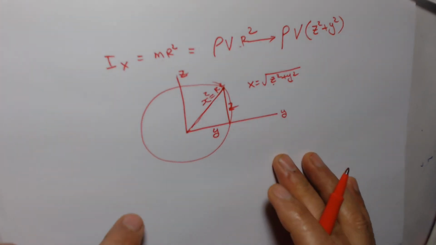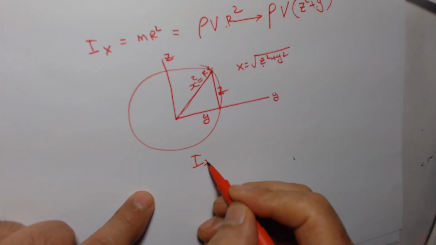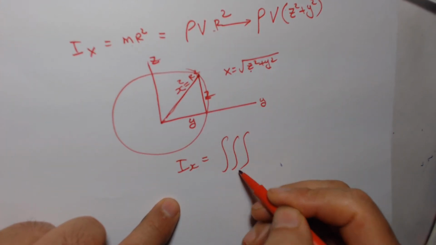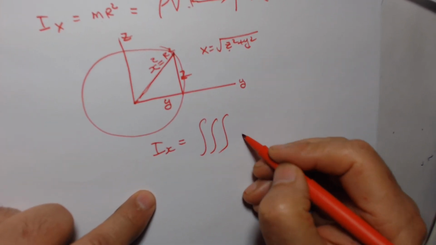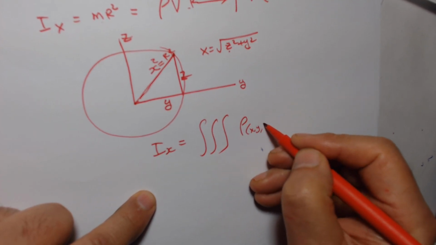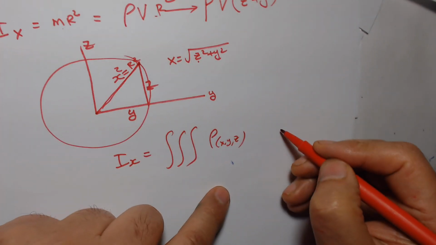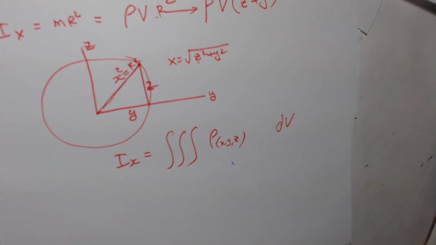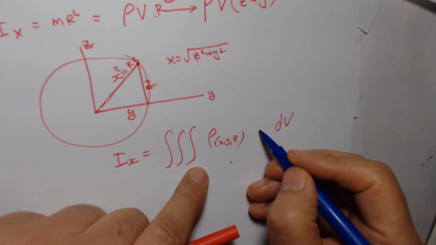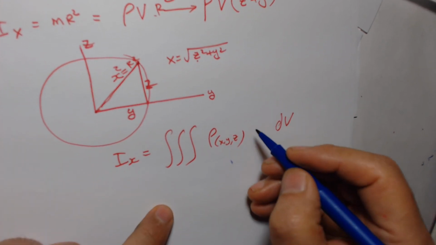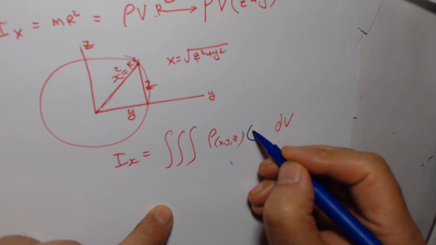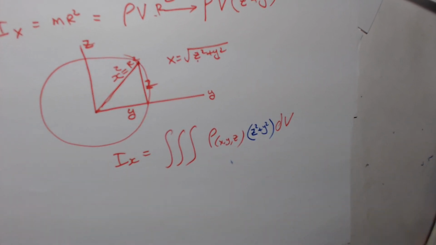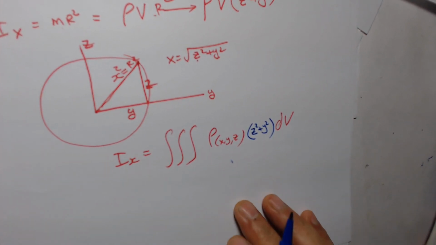But if somebody said, what is the moment of inertia about the x-axis, you better say it's a triple integral. My density, x, y, z, times the volume, that's your math. But if I multiply by distance, if the distance is x, that's called a linear moment. But if the distance is r squared, which is z squared plus y squared, it will be called the moment of inertia.